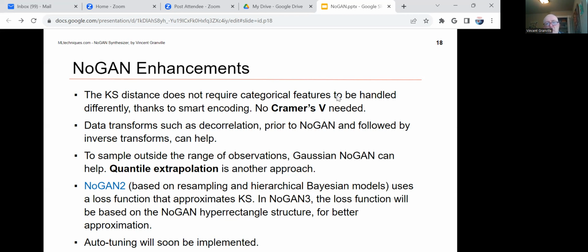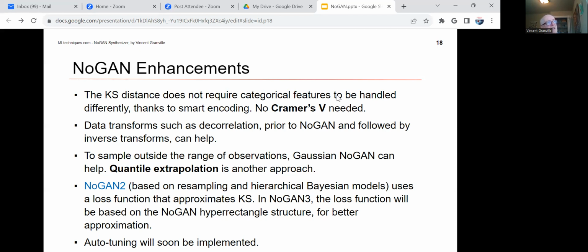People usually, when computing correlations between categorical features, use what's called Cramer's V, which is the equivalent of a correlation coefficient for categorical features. Here, you don't have to worry about that. Data transforms usually help in a lot of circumstances with GAN as well as NoGAN.